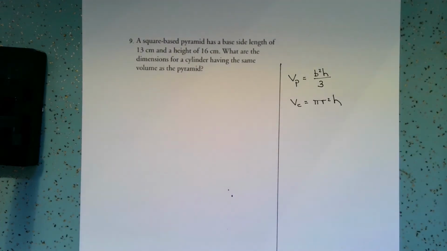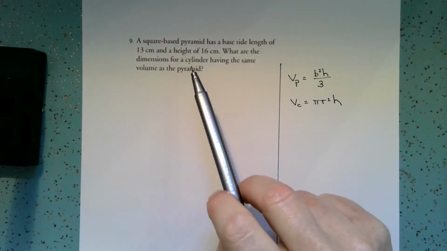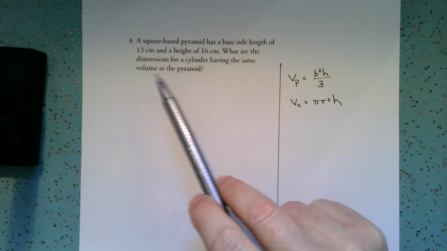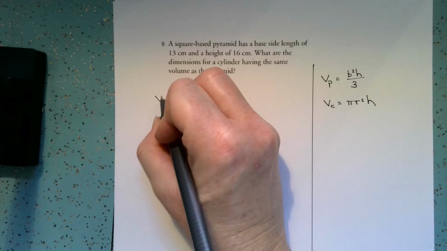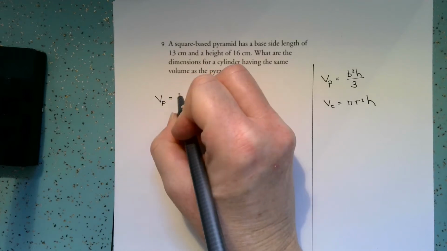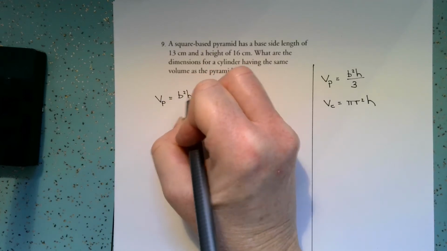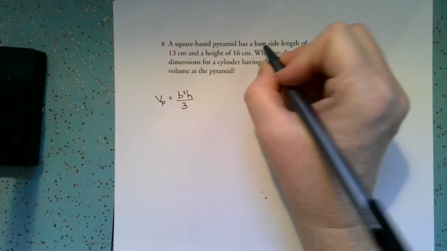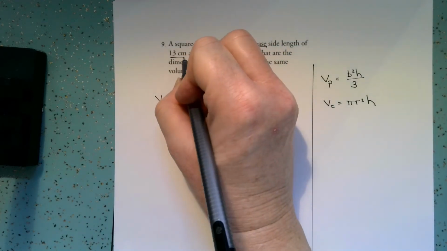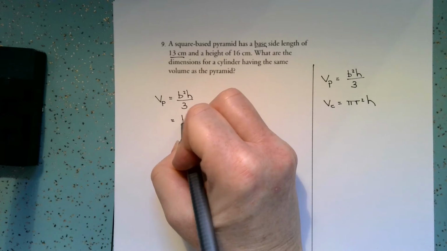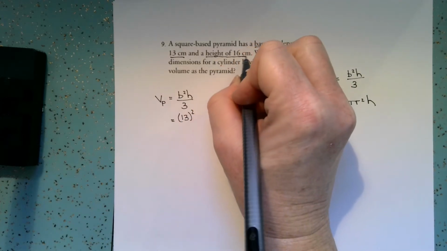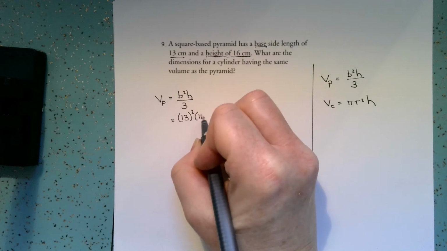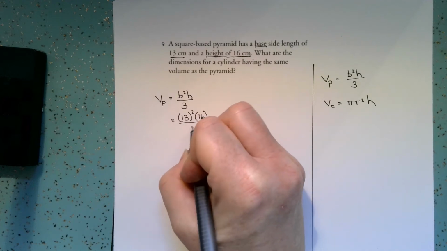Since the cylinder has to have the same volume as the pyramid, the first thing I'm going to do is calculate the volume of the pyramid. That's b squared h divided by 3. My base is 13, so it's 13 squared, and my height is 16, so times 16, divided by 3.